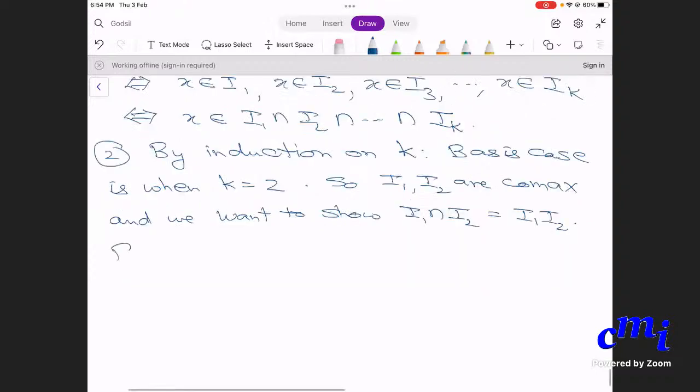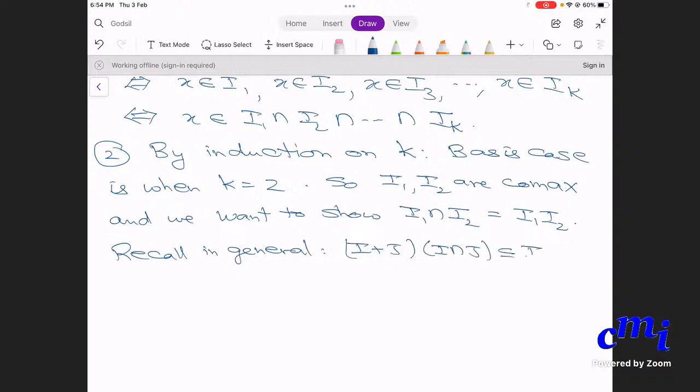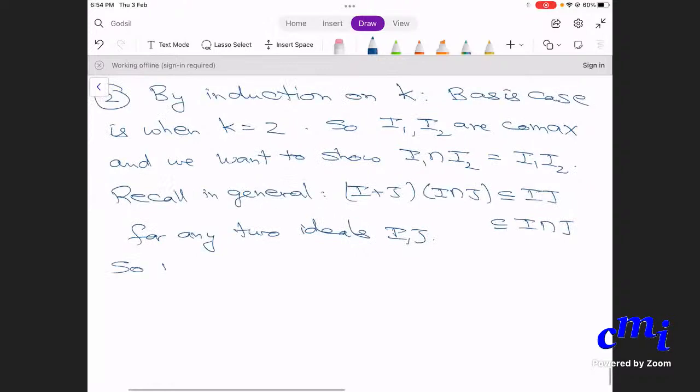So recall that in general, for any two ideals, I plus J times I intersect J is contained in IJ, is contained in I intersect J, always for any two ideals. And so if they are co-maximal, so if I plus J is R, the whole ring, then what does this equation say?